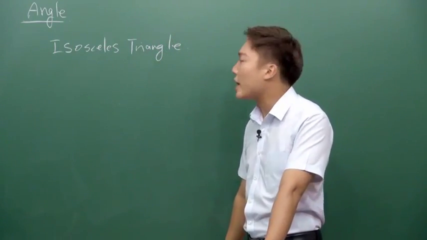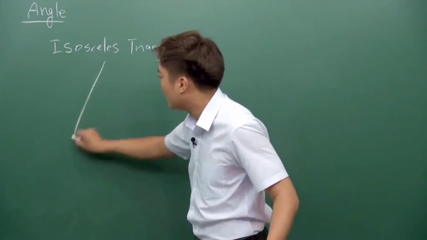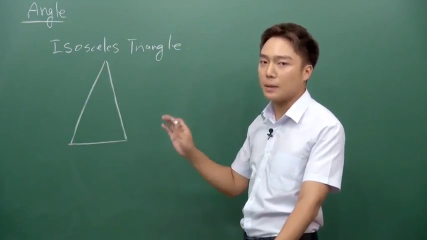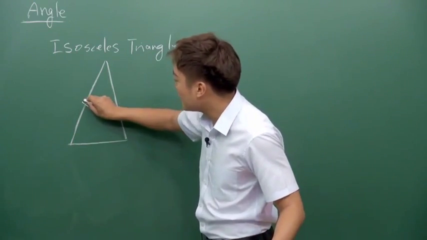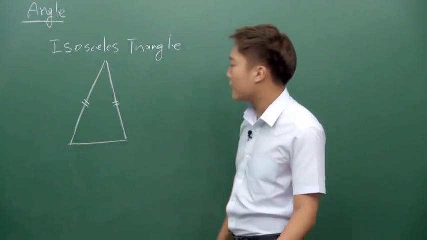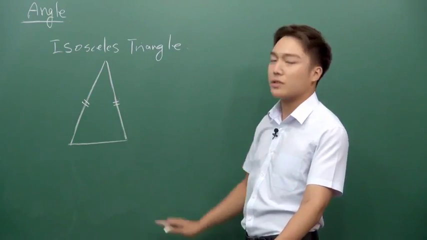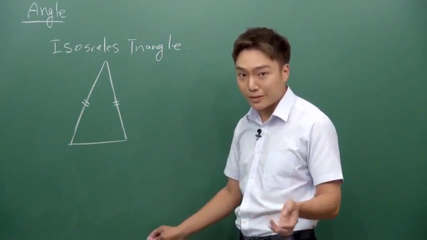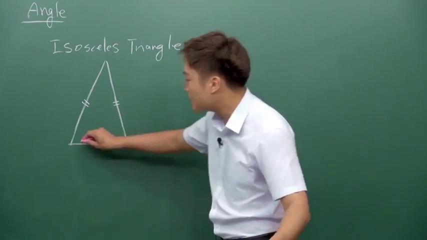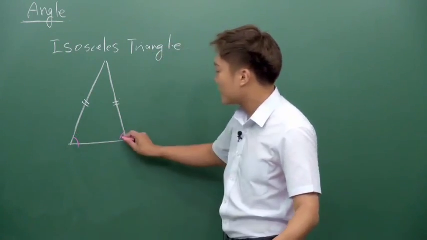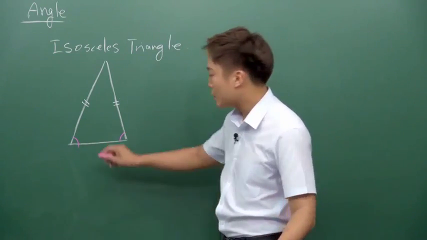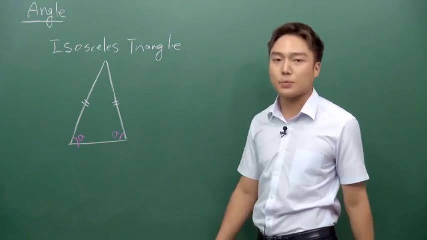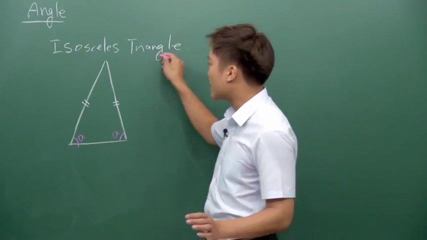Now, the isosceles triangle is a triangle that has two sides that have the same length. Okay? So I'm going to mark it like this to show that these two lines are the same length. Okay? Now, a property that comes with this is the bottom two angles here turn out to be the same. Okay? So if this is A, then this has to be A as well. Okay? This is what we call an isosceles triangle.